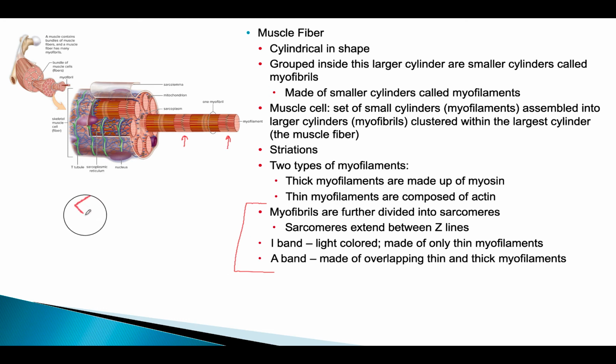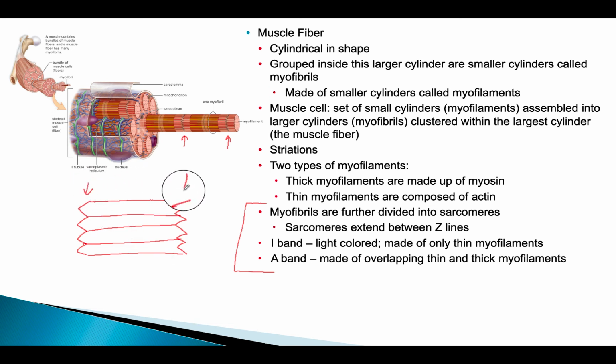So this would be a Z line right here, and then another Z line right over here. And we have these structures right over here. So from Z line to Z line, this is known as a sarcomere.